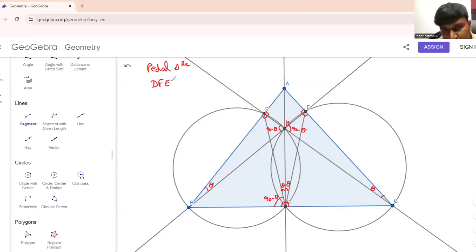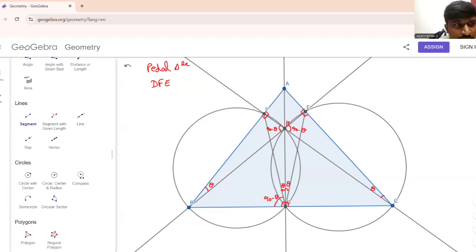Okay. So now a few more things we'll try to mark slowly. So now there's 90 degree, 90 minus theta, everything we are slowly marking. So this is a straight line. So you can mark the angles. I would further ask you to look at this angle at F, which is 90, angle at E, it is 90.